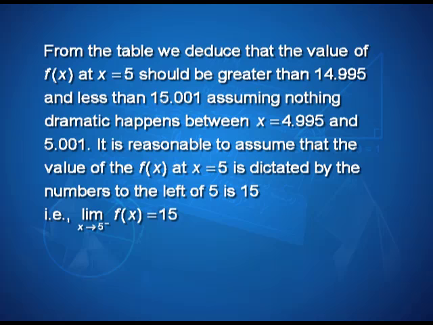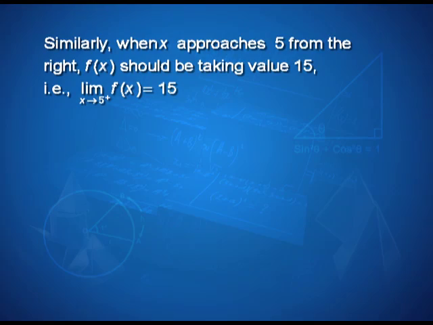Assuming nothing dramatic happens between x is equal to 4.995 and 5.001, it is reasonable to assume that the value of the function f of x at x is equal to 5 is dictated by the numbers to the left of 5 is 15, that is limit f of x when x tends to 5 minus is equal to 15. Similarly, when x approaches 5 from the right, f of x should be taking value 15, that is limit f of x when x tends to 5 plus is equal to 15.